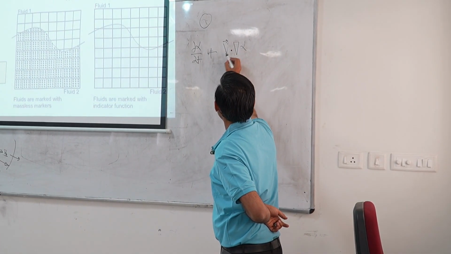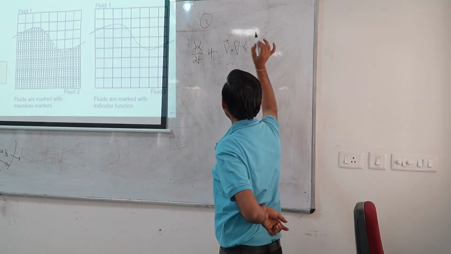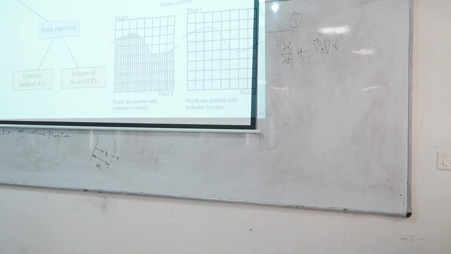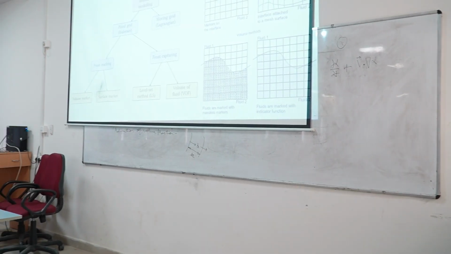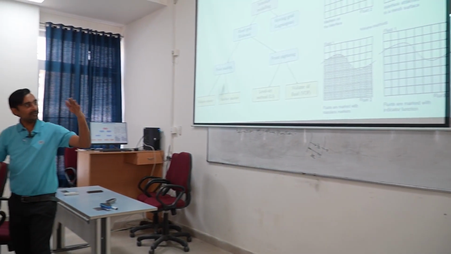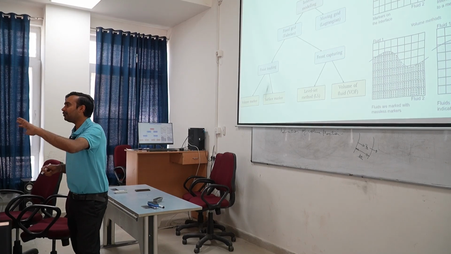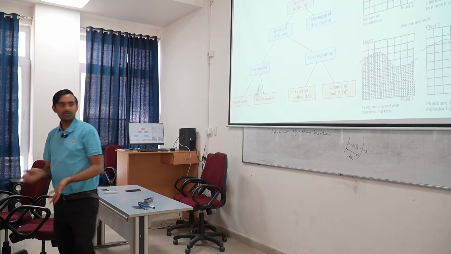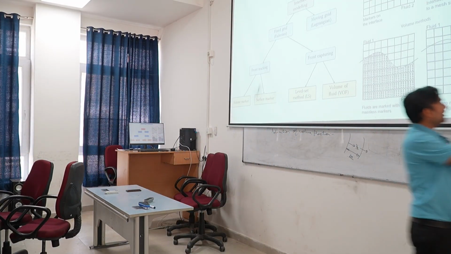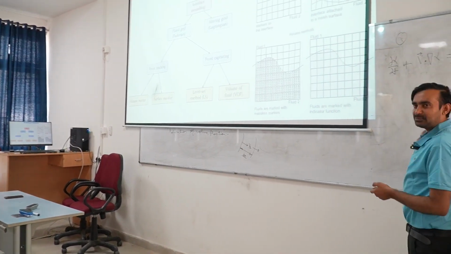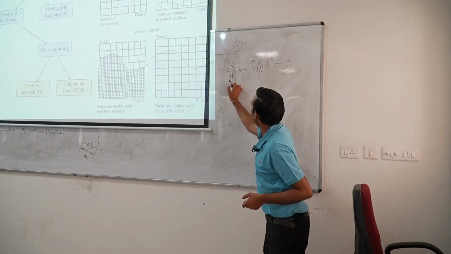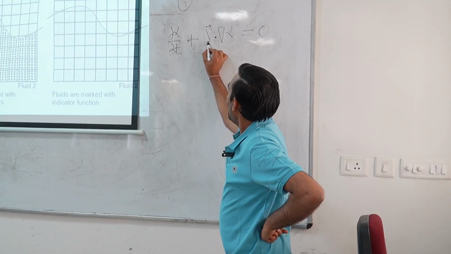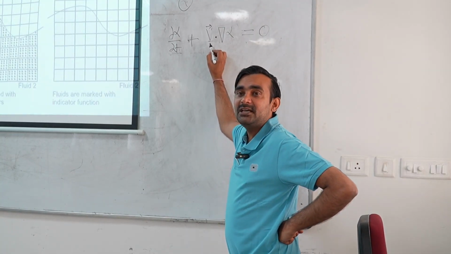So, the dot product of velocity field with gradient of alpha, and ultimately, because the value of alpha is conserved in the system, whatever fluid 1 you have, whatever fluid 2 you have, your interface can deform, but the total volume fraction within the system should remain conserved. So, ultimately, this variation should be equal to 0. Is this point clear? The first term represents the rate of change of alpha with time, and the second term represents how alpha is evolving with the velocity field.